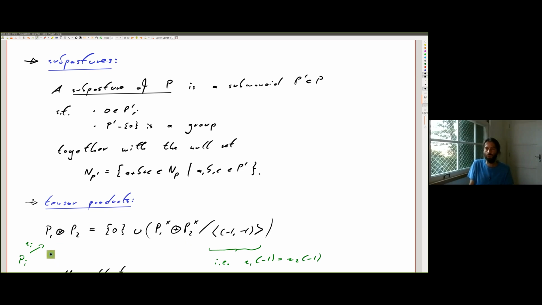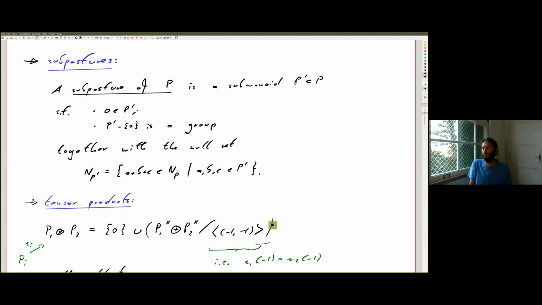We get a canonical inclusion from P1 and from P2 into the tensor product by mapping 0 to 0 and every unit to the corresponding element in the direct sum. So it goes into P1 star, P2 star.